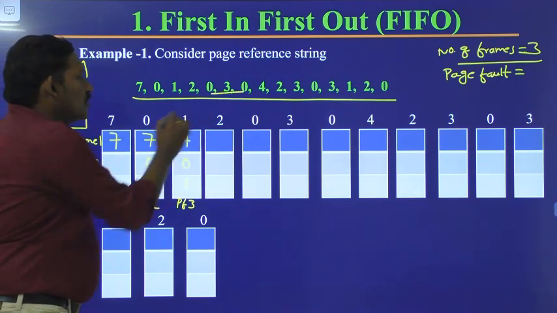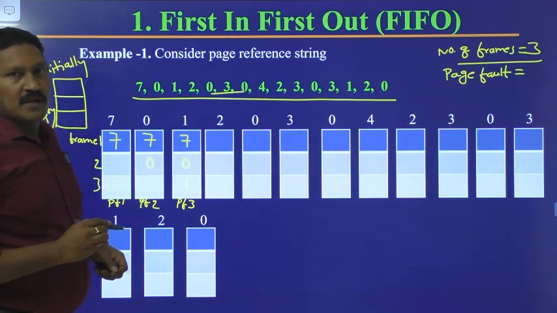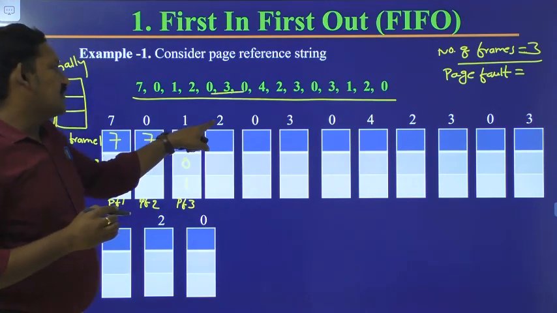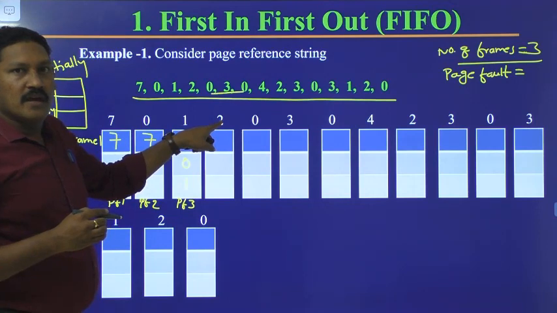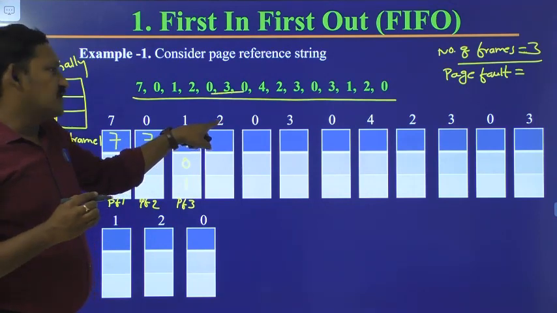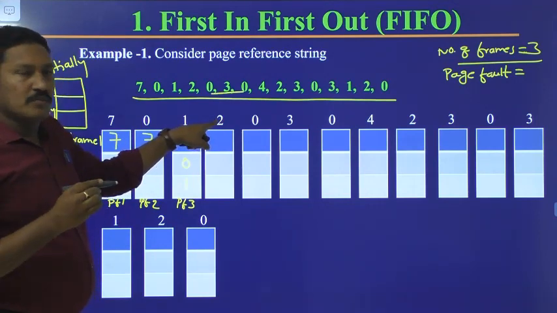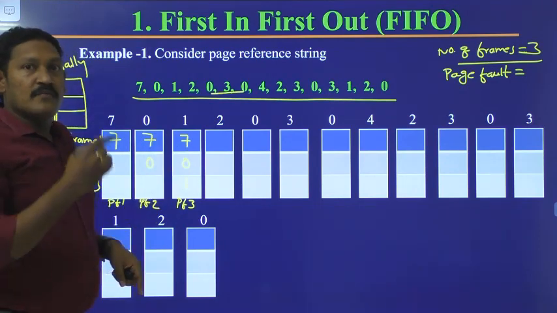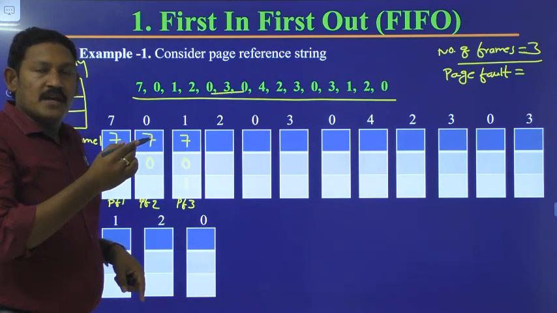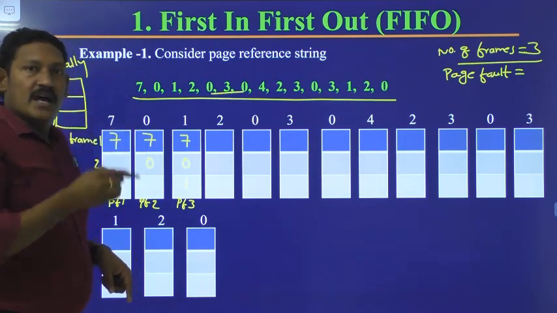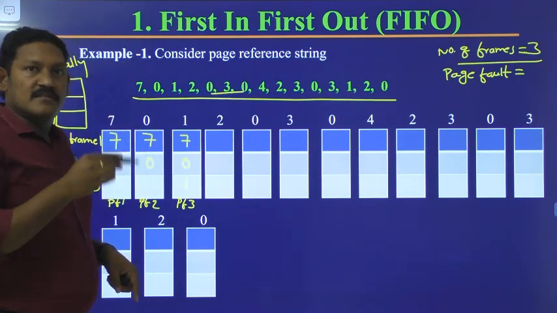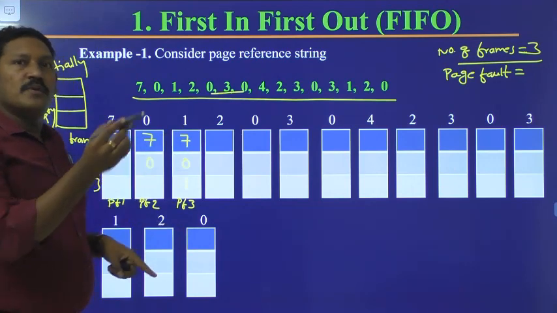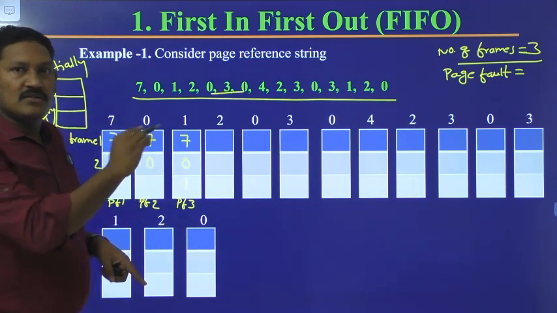Now 2 is to be inserted because the CPU wants page number 2. But unfortunately page 2 is not available in the main memory. So we have to bring page 2 into the main memory, and one page from the main memory should be removed and sent to the secondary memory.